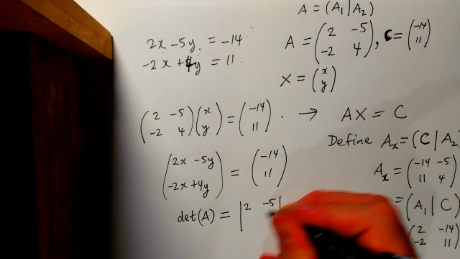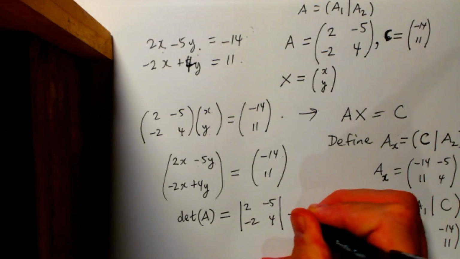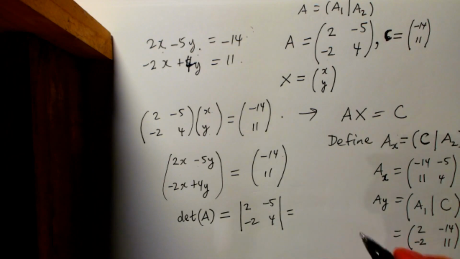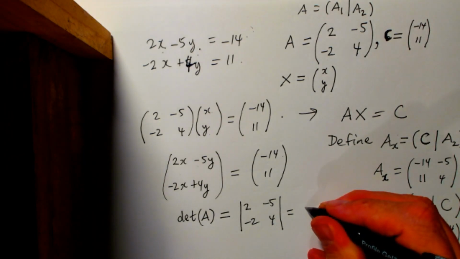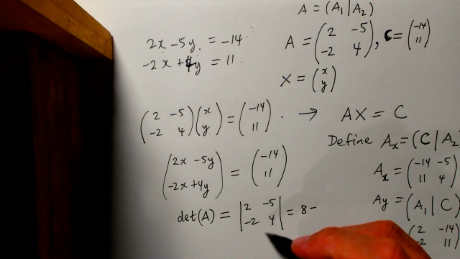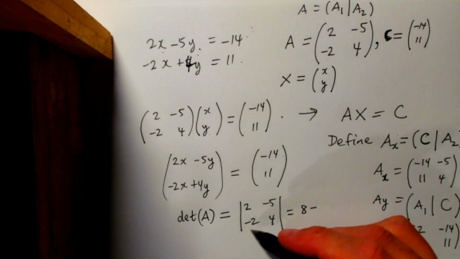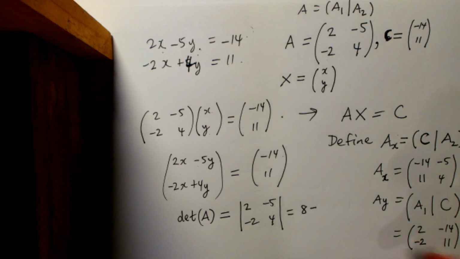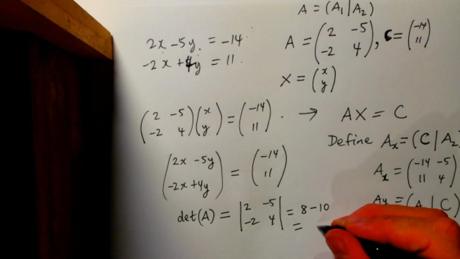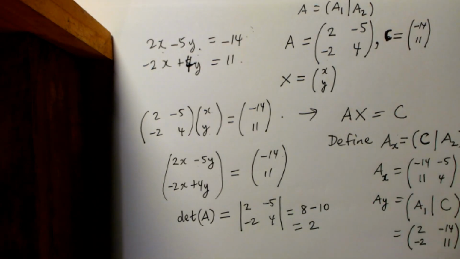So 2 minus 5 minus 2, 4. So remember this is 2 times 4, so 2 times 4 is 8, and then subtract the product of these two. But the product of those two is positive 10, so we're subtracting 10. And so the determinant of A is 2.